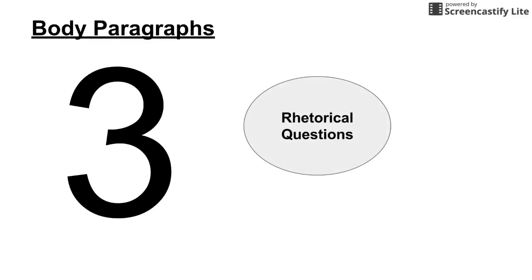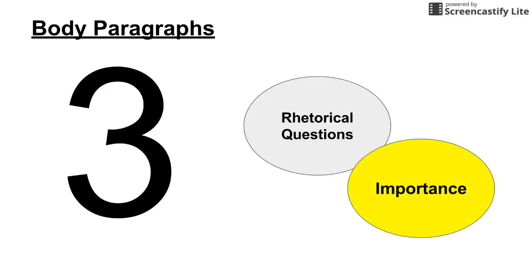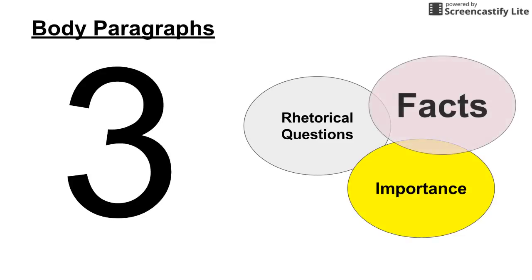What about the body paragraphs? If you are going to write the body paragraphs, basically stick to three. Similarly, you can start with a rhetorical question. You may speak about why it is important.